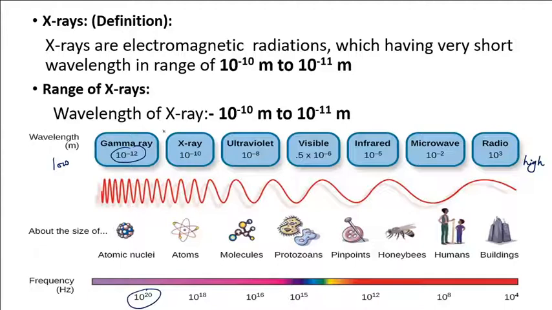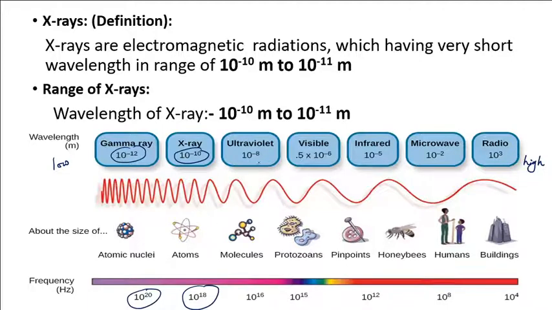Next comes X-rays. So X-rays wavelength is 10 raised to minus 10 meter. Its size is compared to size of the atom, and its frequency is also high, of the order of 10 raised to 18 Hz. Means the energy possessed by X-rays is also high.